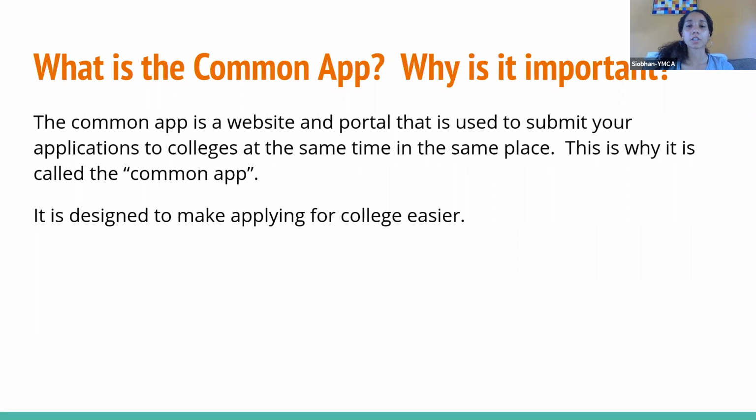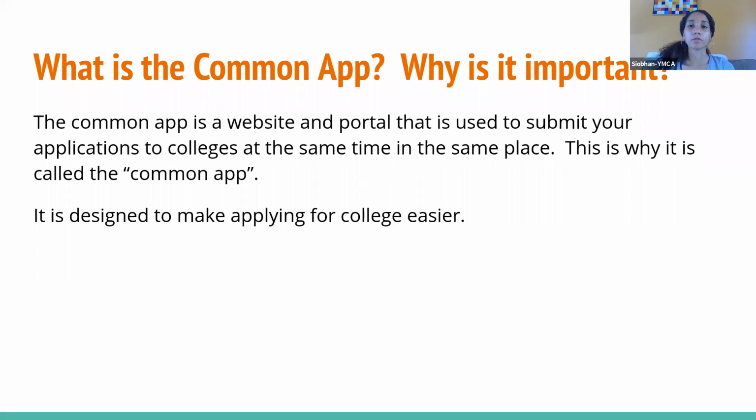So essentially, you fill out one application with lots of information on it, and you send it to multiple schools that you're interested in applying to. Depending on the schools that you're applying to, some will ask for more information. Like they may ask for another essay, personal essay or personal statement, something like that.